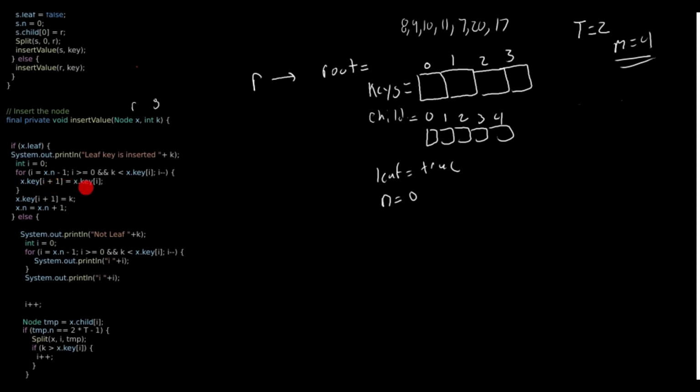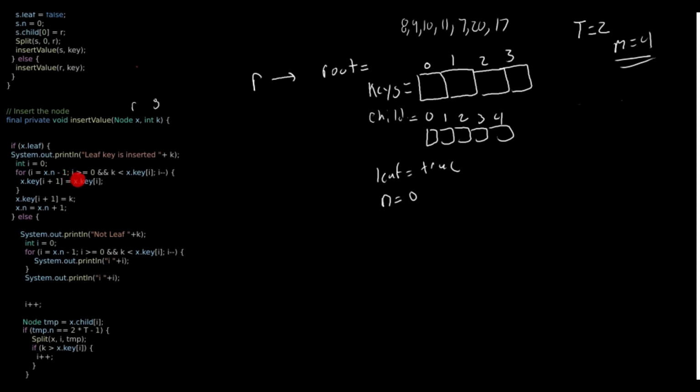That is true. Alright, so right here, this for loop sorts everything out. So when you insert something into a B tree, it has to be in sorted order. It sorts it out. Alright. It puts it in its place.